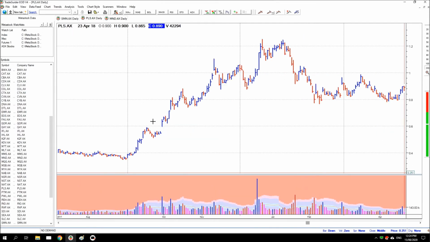This is PLS. You can see from these lows a good buying wave, a shallow selling wave, another good buying wave, a shallow selling wave, buying wave, shallow selling wave, buying wave, shallow selling wave.